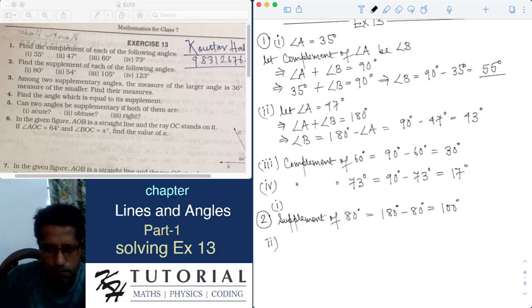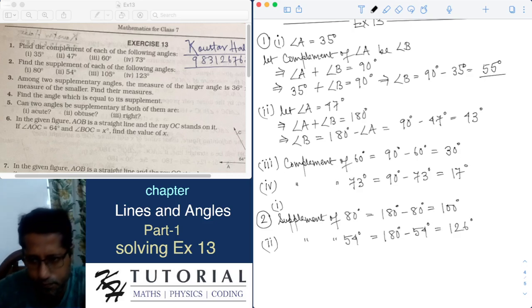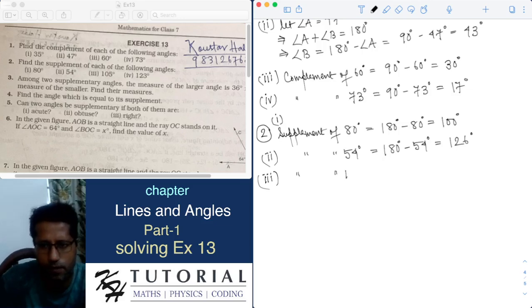Similarly, part 2, supplement of 54 degree is equal to 180 degree minus 54 degree. This is 126 degree. Okay. Part 3, supplement of 105 degree is equal to 180 degree minus 105 degree.